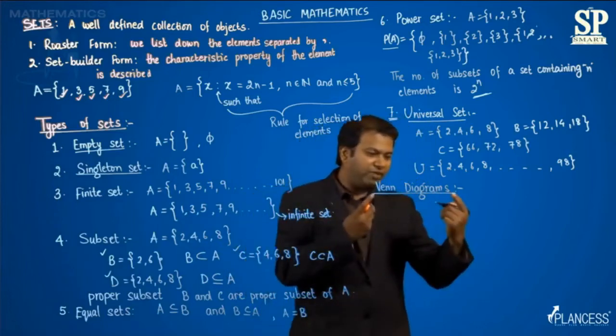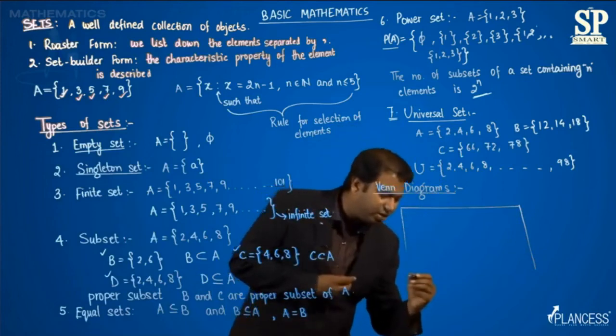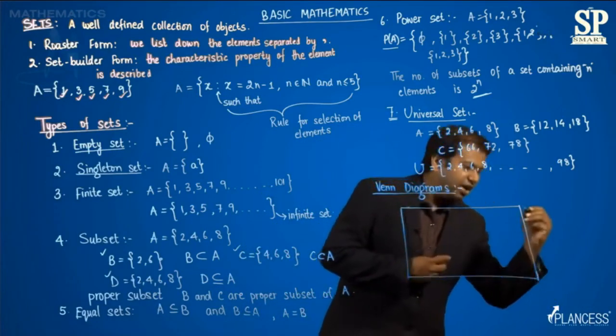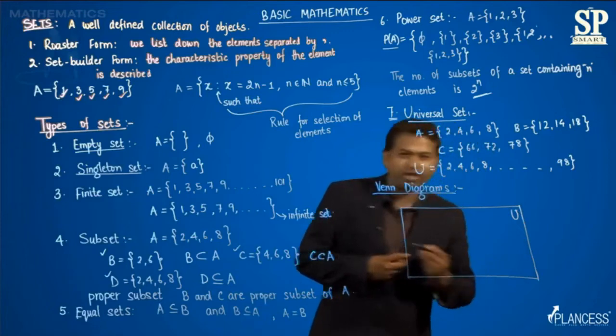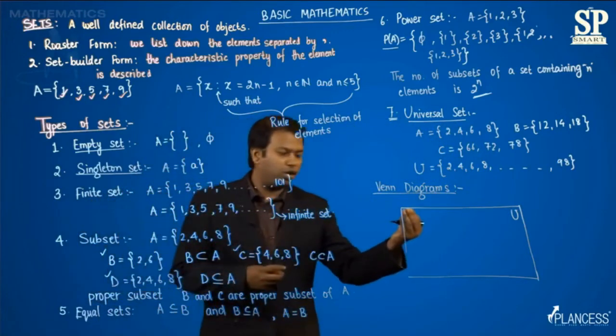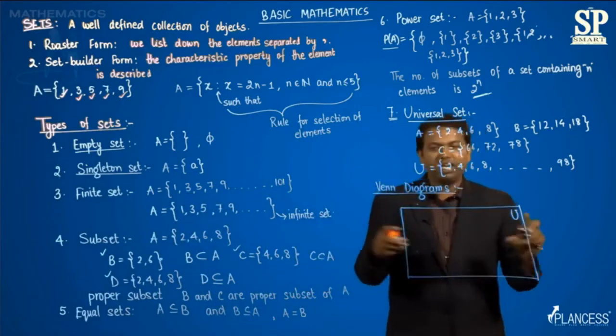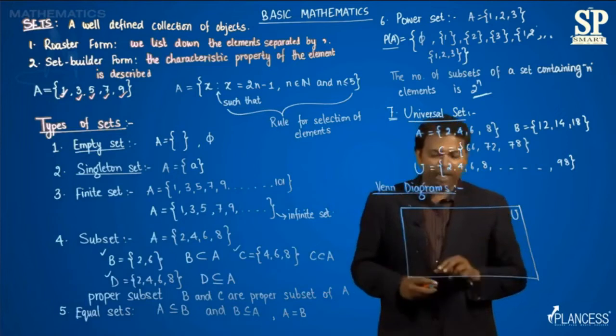In Venn diagrams, we generally represent the universal set by a rectangle, and we write it as U in the top right corner, or sometimes we also write it in the top left corner. So this is how we represent a universal set. This contains all the possible elements.